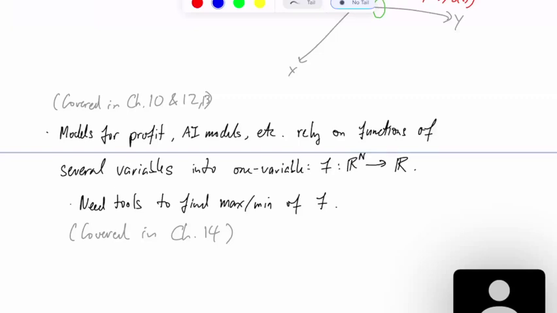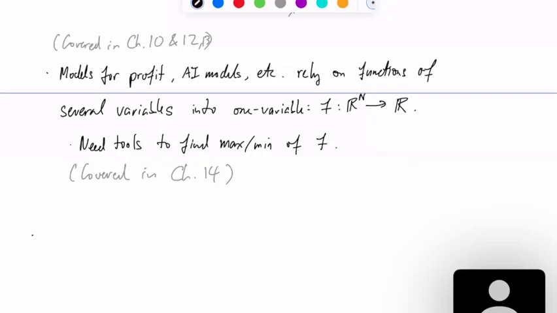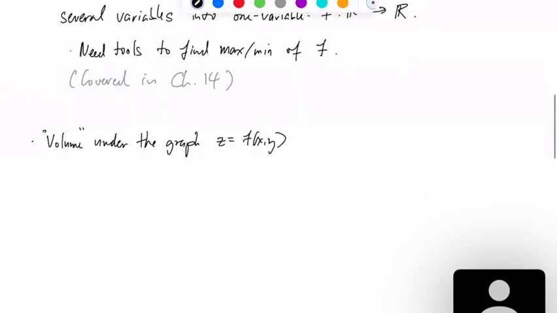How do we calculate the so-called area under the curve? Because we could now look at the volume under the graph z is equal to f of x, y, and this is a direct analog to integration in one variable. So in this case, we have x, y, and z.